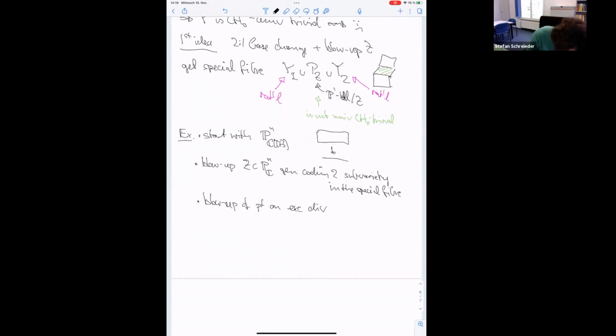And then what we get is this. The generic fiber will still be P^n, and it degenerates to something that has three components. Let's see what the components are.